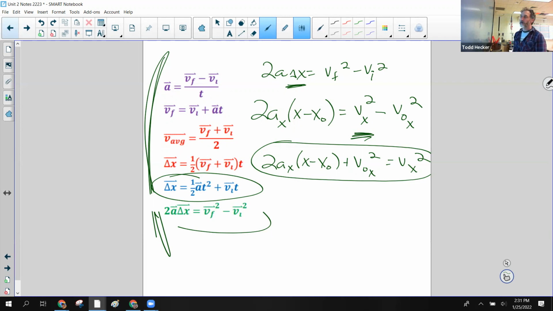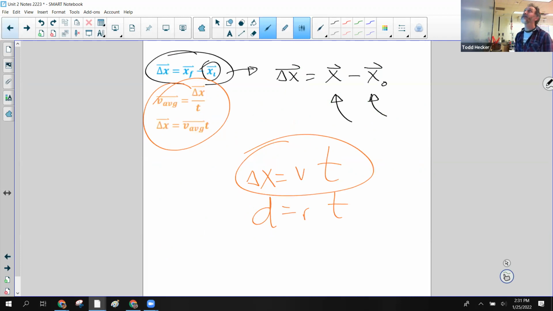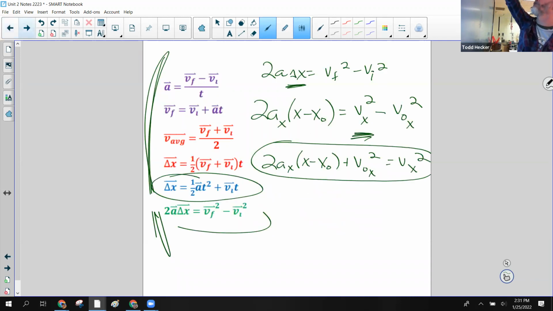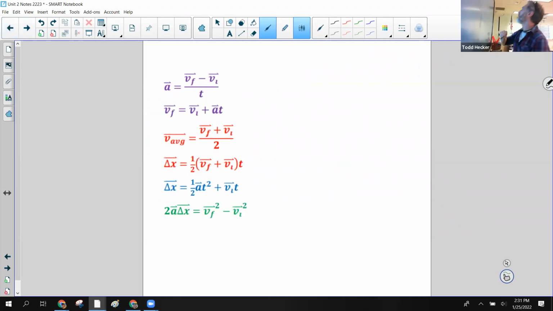If I have not made this clear, you really need to memorize these equations, because they're going to be coming up all year. Very often these equations, both here and here, are referred to as kinematics equations. So if you ever hear me use the word kinematics, I'm talking about these equations here.